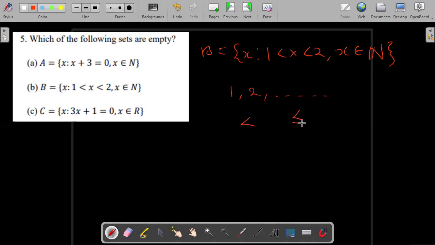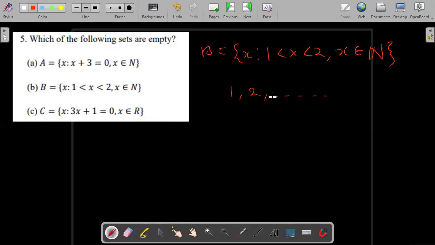If it was written with 1 in front, then x, and less than or equal to 2, this would mean that 1 and 2 are part of that set. But now, because it's strictly less than, this set will not include 1 and 2.